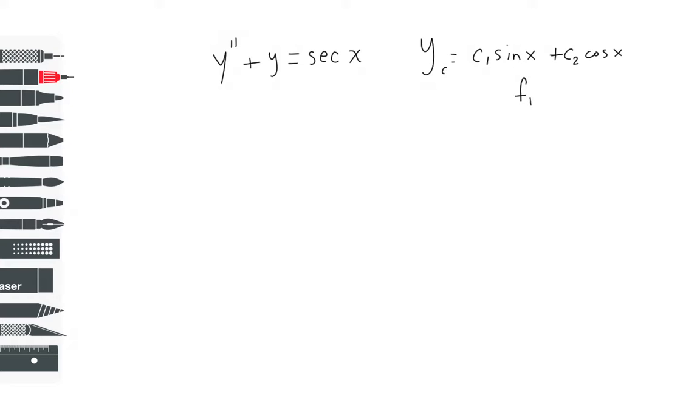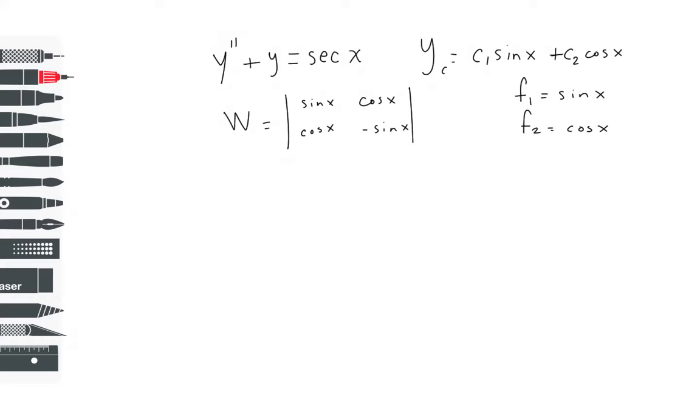From this, we need these two functions: f1 is equal to sine of x, and f2 is equal to cosine of x. Now we can compute the Wronskian. We have sine of x, and its derivative, cosine of x, and then cosine of x, and negative sine of x.